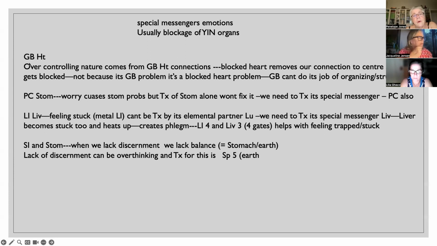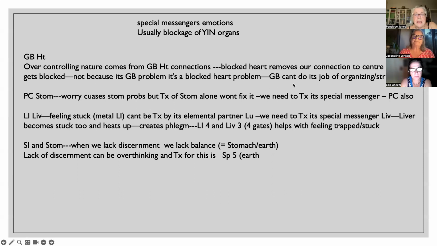The gallbladder-heart connection: if you've got an over-controlling nature, which comes from gallbladder-heart connections, the blocked heart removes your connection to your center and the gallbladder gets blocked. The gallbladder gets blocked not because it's a gallbladder problem, but because it's blocked by the heart.